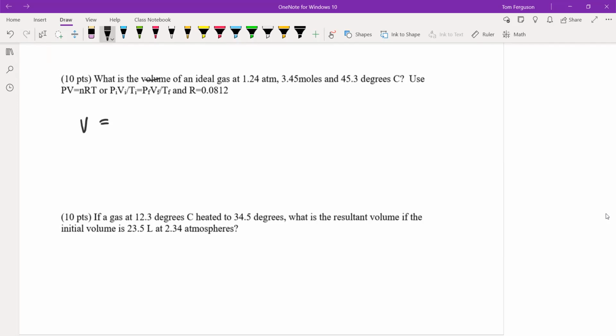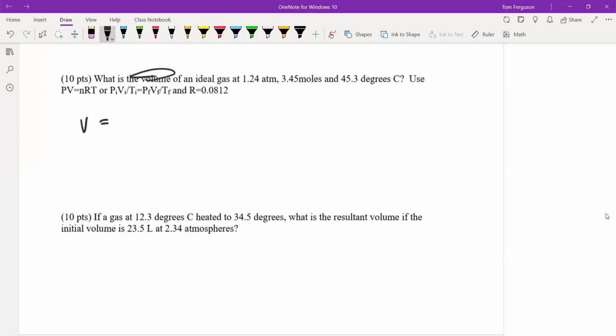First problem, we want to know what the volume is. Now, using PV over T is equal to PV over T is for changing conditions. This problem is not changing. I'll just say these are the conditions, what's the volume? So then we use PV is equal to nRT.